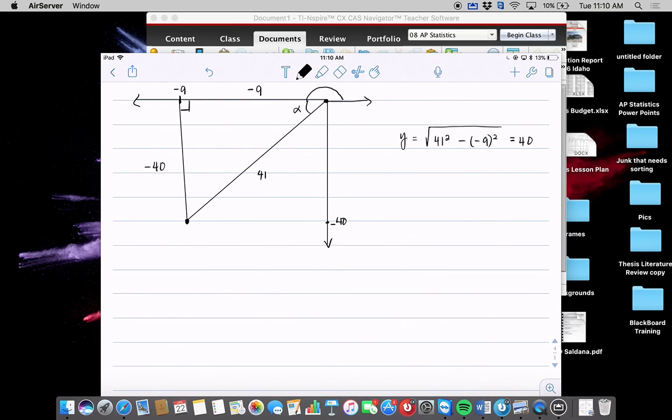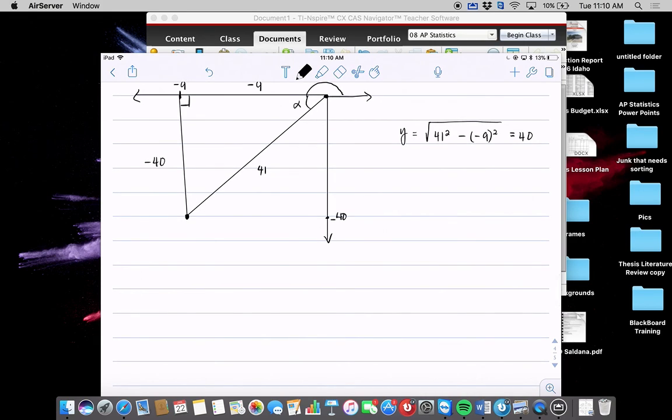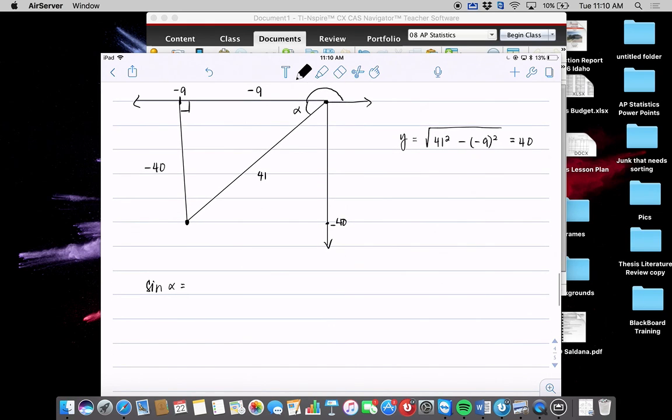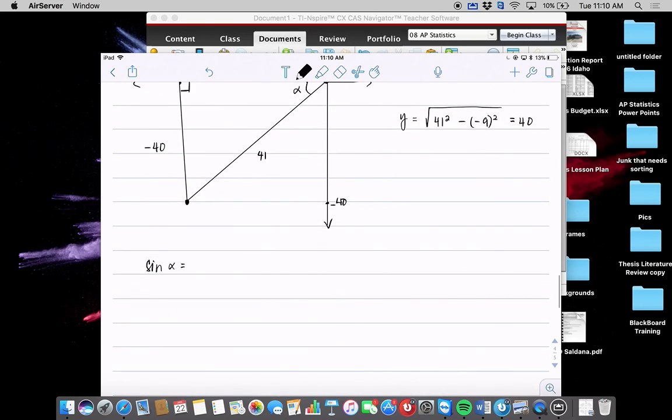And actually, we're only going to write a few because I'm pretty sure that y'all understand how to find the ratios. So let's go ahead and start with sine of alpha. Sine of alpha is just going to be, of course, y over r, which is going to be the y coordinate, negative 40, over the radius, which is going to be 41.